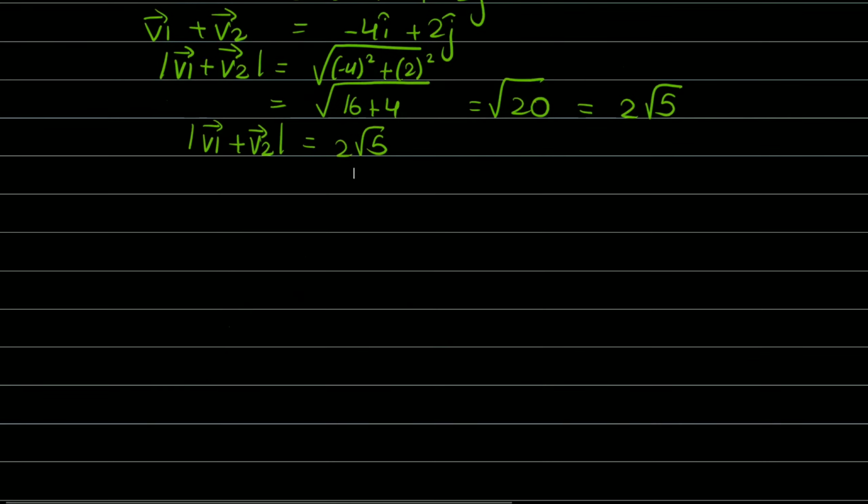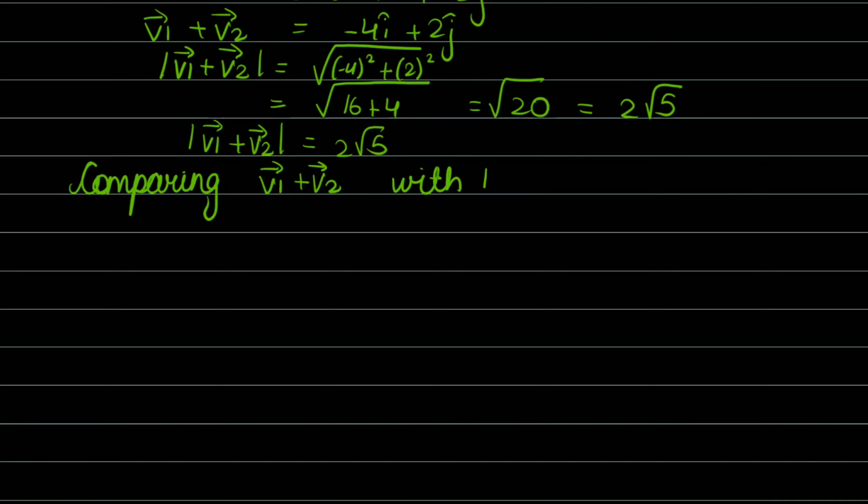Now we have to find the directional value. So we will compare v1 vector plus v2 vector with the resultant vector r, which is equal to rx i cap plus ry j cap.